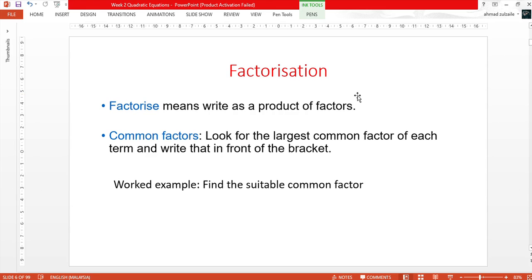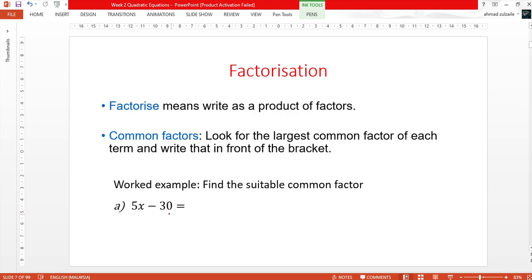As an example, find the suitable common factor for this equation. Since we have these two terms, 5x and negative 30, you know that this 5x is the simplest form.